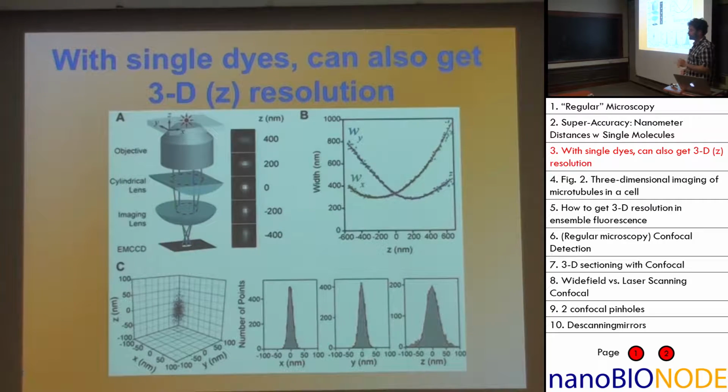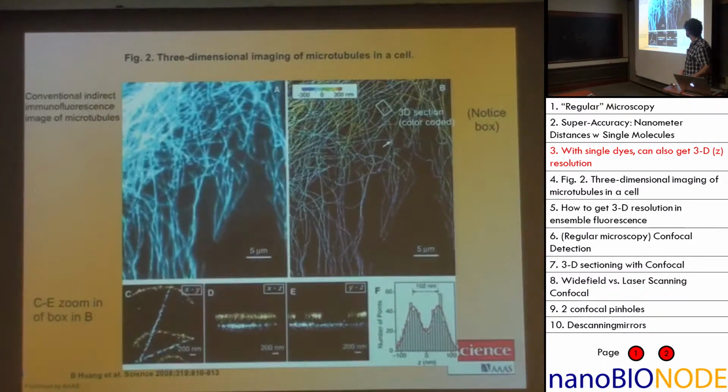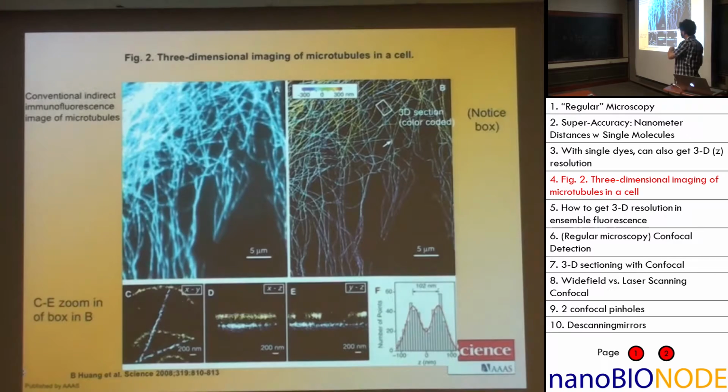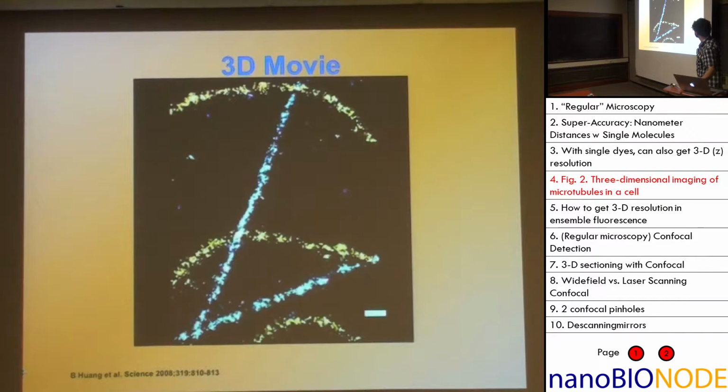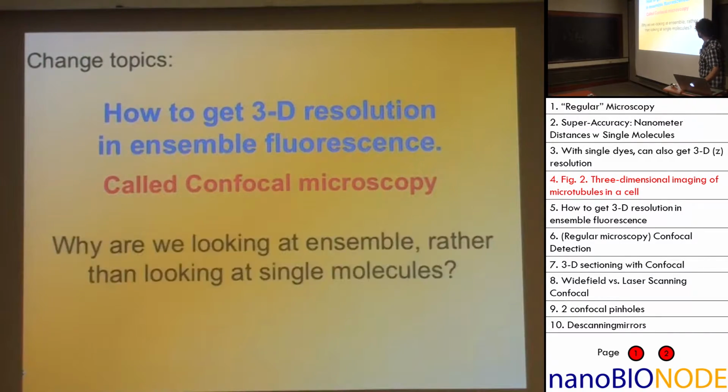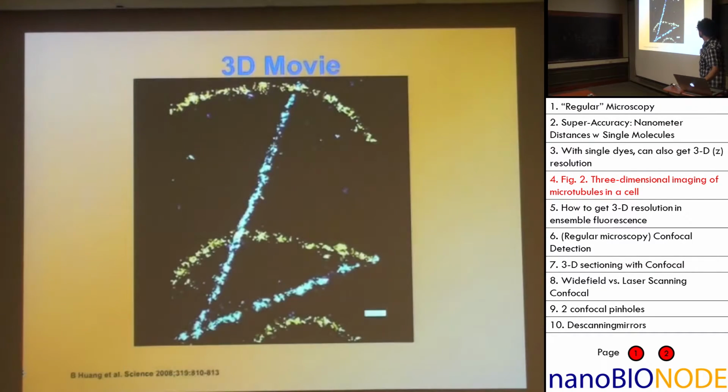Okay. So now, this is just showing that it is working at the single molecule level. Oh, no. I don't know. This is supposed to spin around. I showed it to you last time.